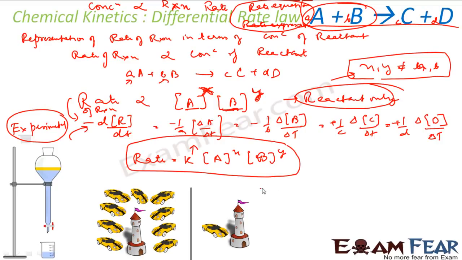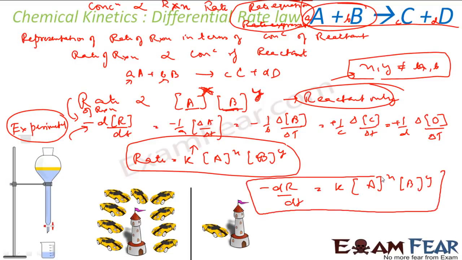Instead of rate I can write minus d[R] by dt also, because this is nothing but change of reactant with a minus sign. Why? Because the reactant is going down. It is nothing but k of A to the power x B to the power y. This is called differential rate law or differential rate equation. Correct? This k is my rate constant.